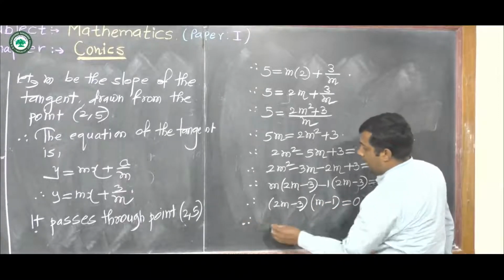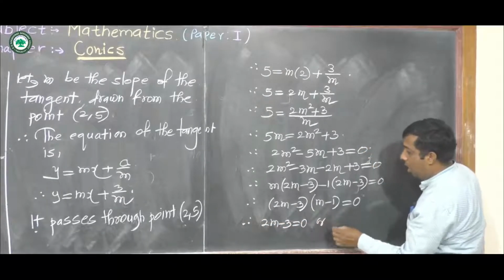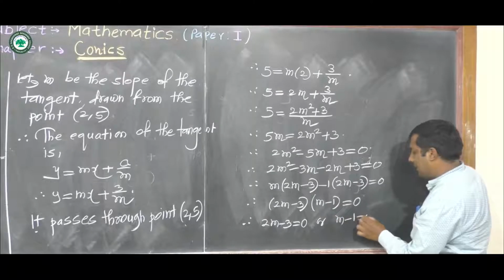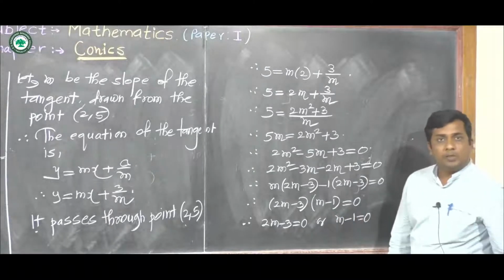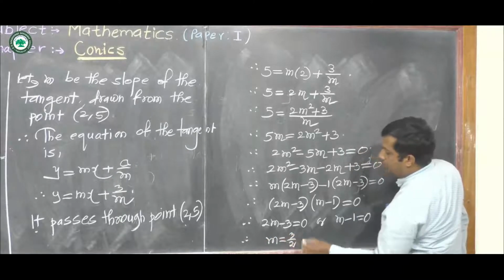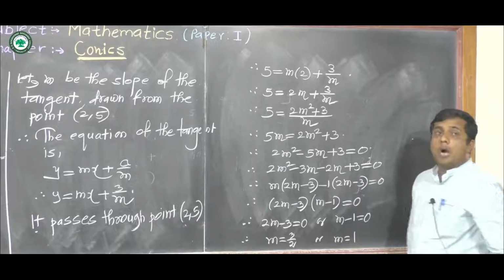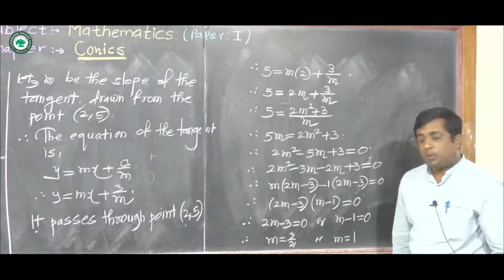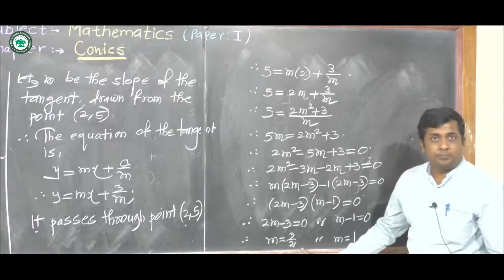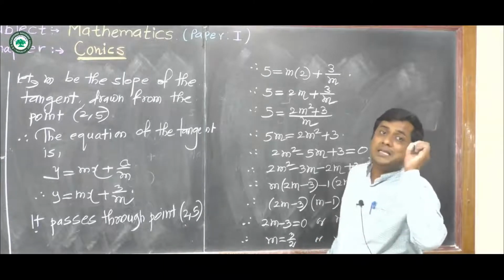Therefore 2m minus 3 is equal to 0, or m minus 1 is equal to 0. And in last we get m is equal to 3 by 2 and m is equal to 1. Okay, so we get two roots, and these two are slopes of the tangent.